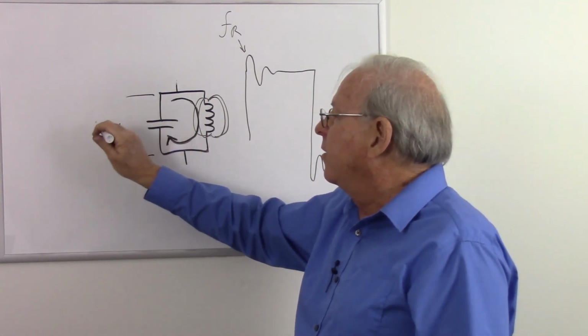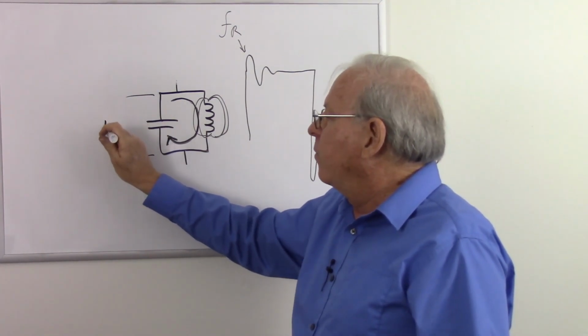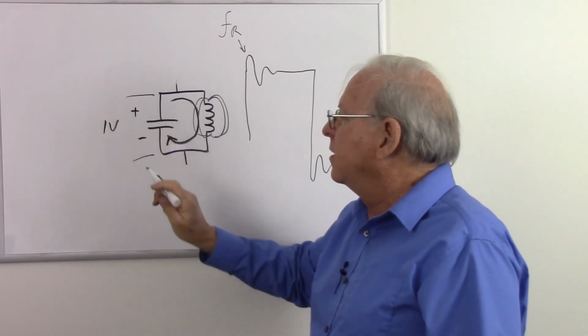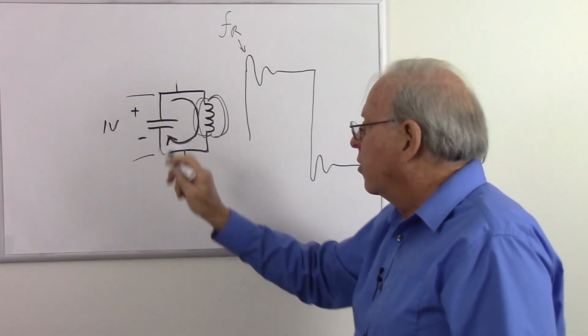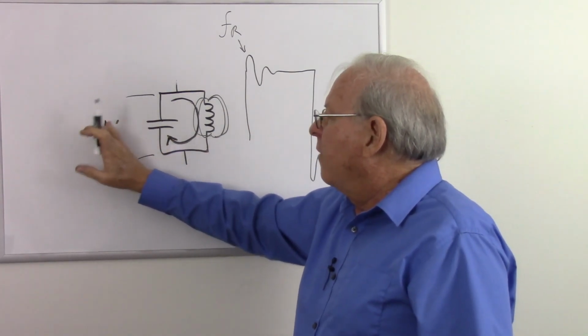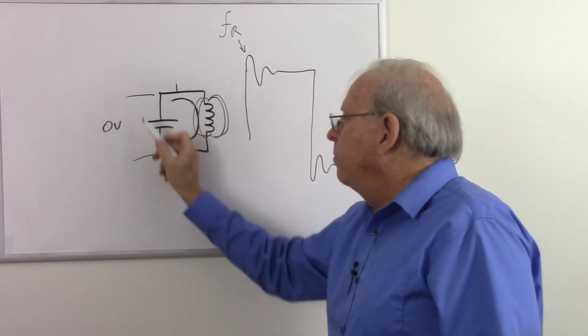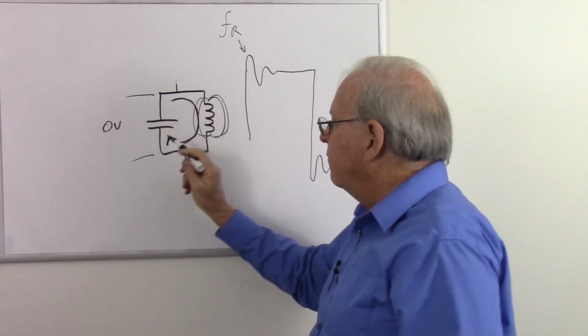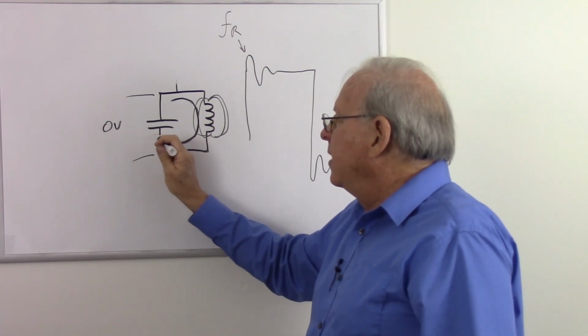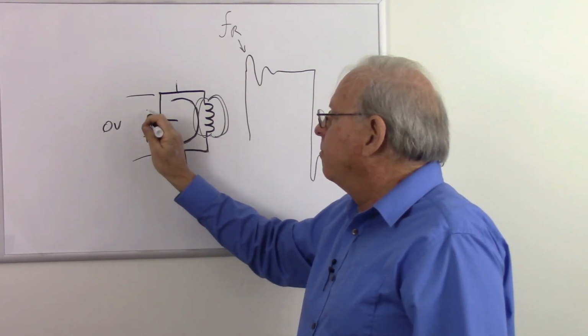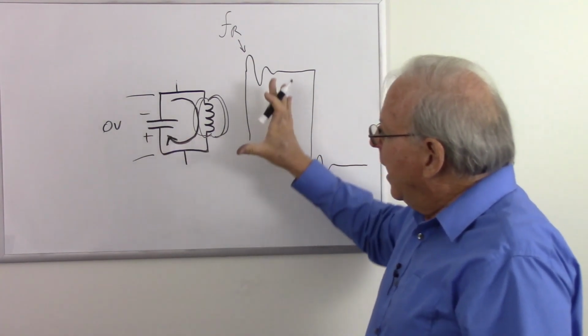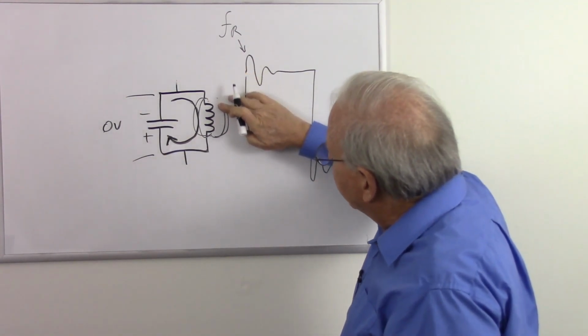So before we had, what did we have? We had 1 volt. And I should have said this before, but let's say it was positive to negative, conventional current going that way. Now we've got 0 volts, but the current's being pushed by the collapsing magnetic field. And then we get the capacitor charging to the opposite polarity. And eventually that magnetic field collapses completely.